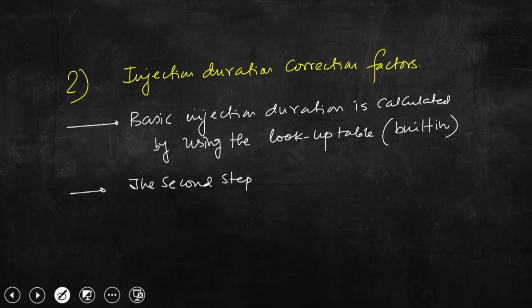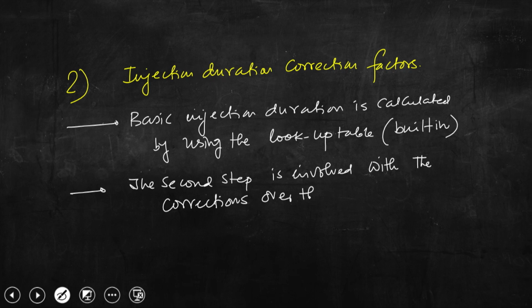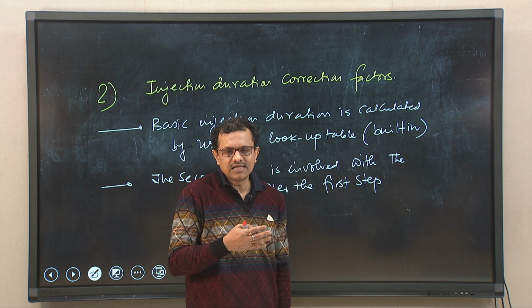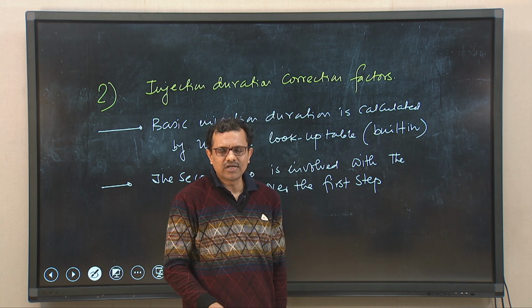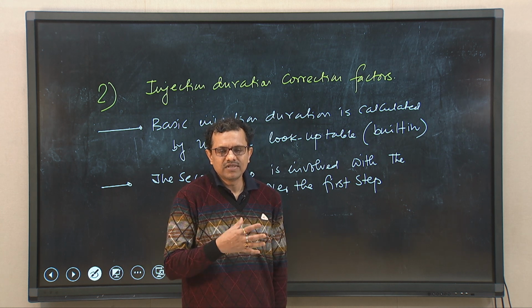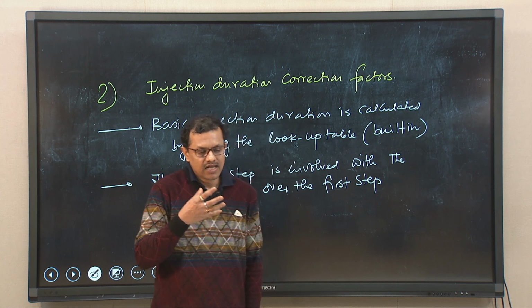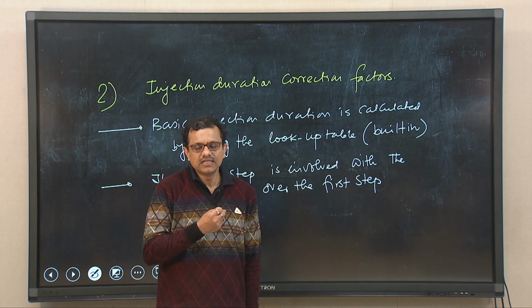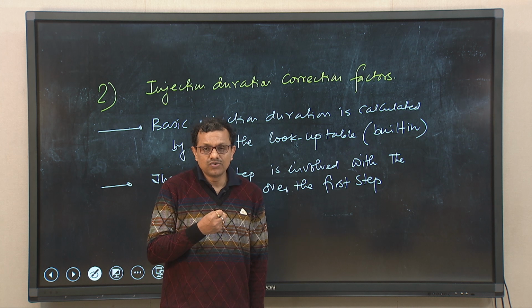So, the second step is involved with the correction over the first step, right. The basic injection duration is calculated using the lookup table, that is fine, but it may not be the actual duration that is needed for the engine.